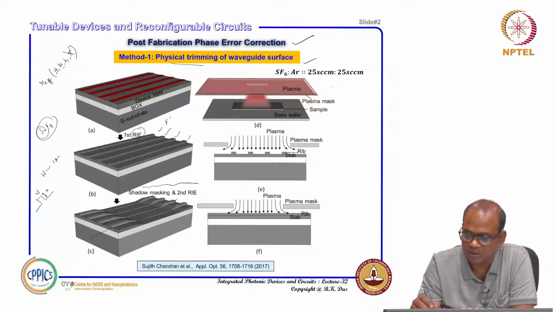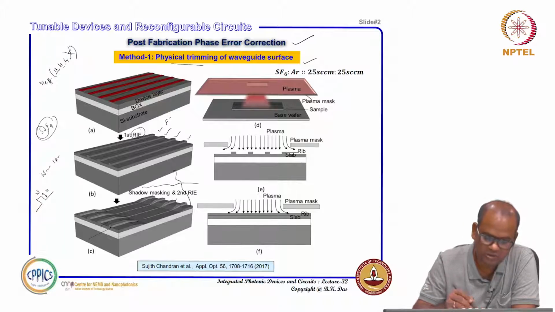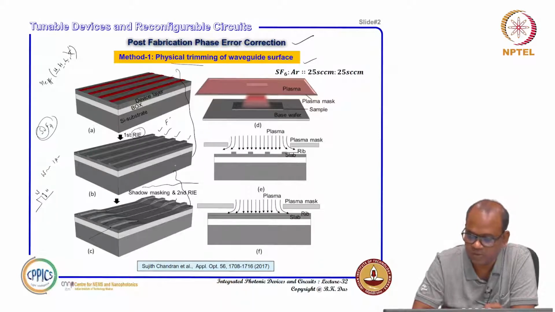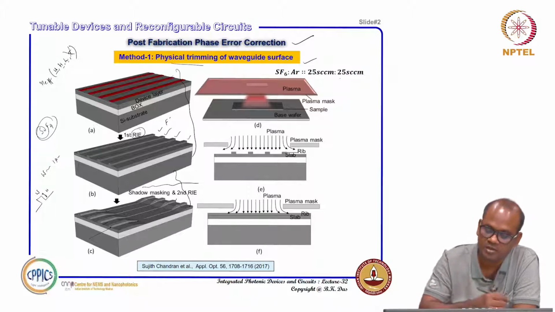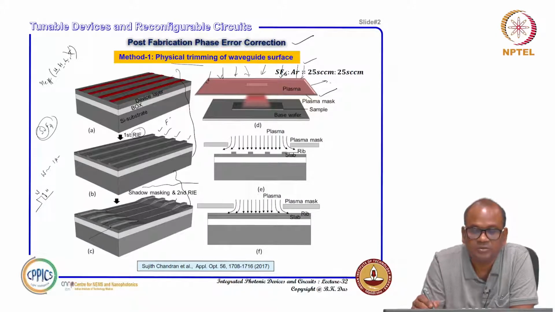The method is depicted in this cartoon figure. Suppose you want to do this type of trimming. This process is well known from VLSI technology, the CMOS fabrication process. So it is also a CMOS fabrication process, with just a little modification. After your device chip is fabricated, you use a plasma mask. Normally in the chamber, plasma flux comes from the top everywhere, and you make some kind of metallic plate.